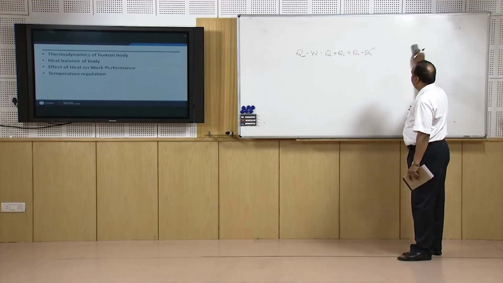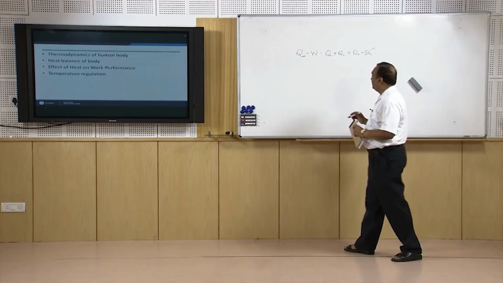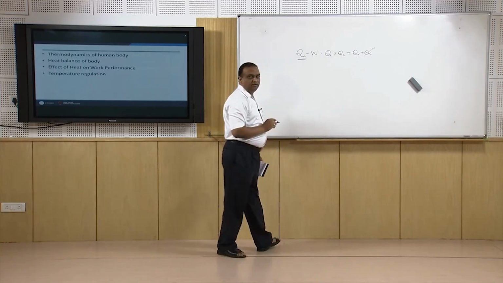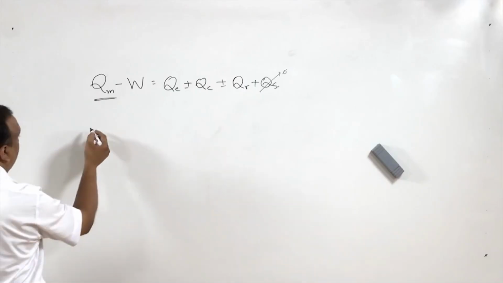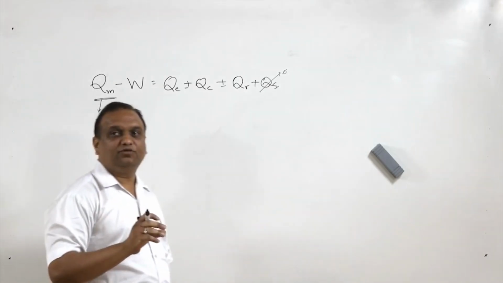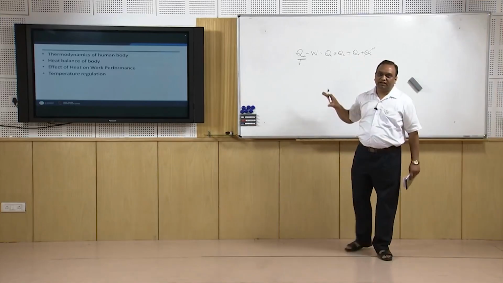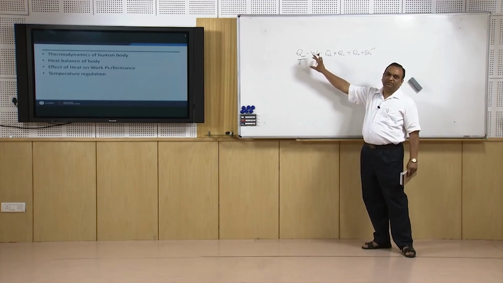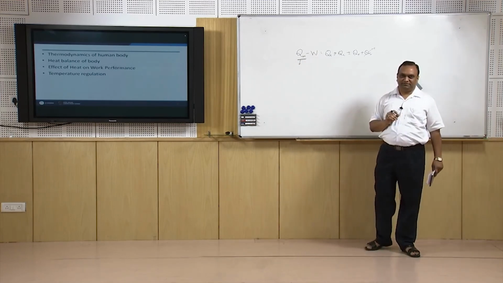Now, there is a generalized correlation, because when we talk about heat transfer, heat flux is more relevant. For engineering practices, heat flux appears to be more relevant when we want to do the engineering calculation. So, in that case, we must have the body surface area of an individual.